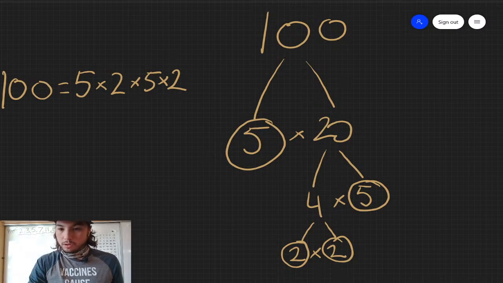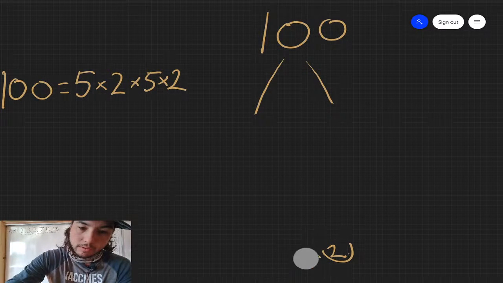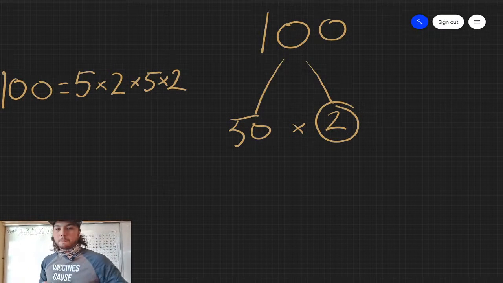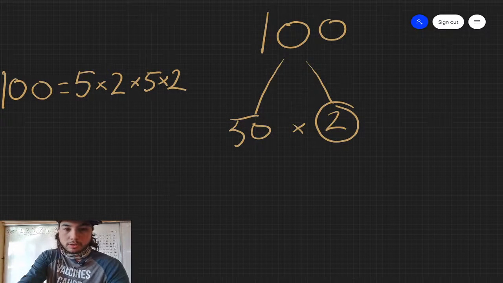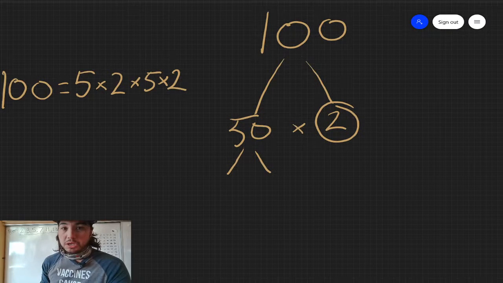Should we do a third one? Let's. I see 50 times 2 in the chat as well, so let's try that one. 50 times 2. 2 is prime, so we can circle it and be done with that branch. Let's factor out 50. All right, 50 could be 10 times 5, could be 25 times 2.